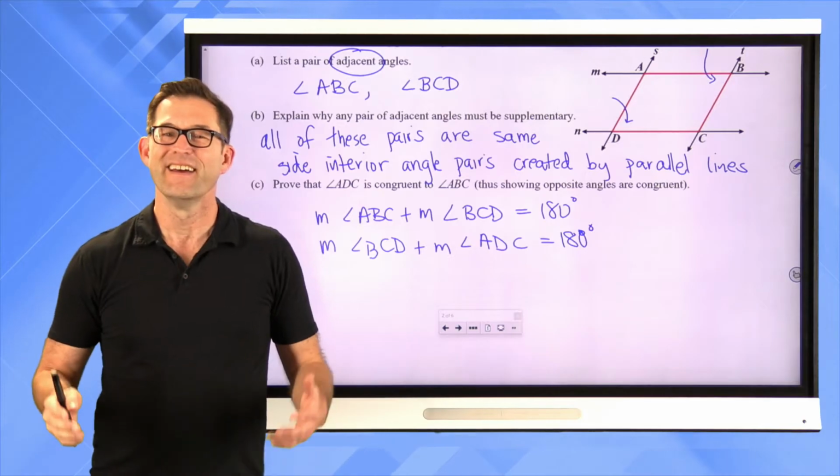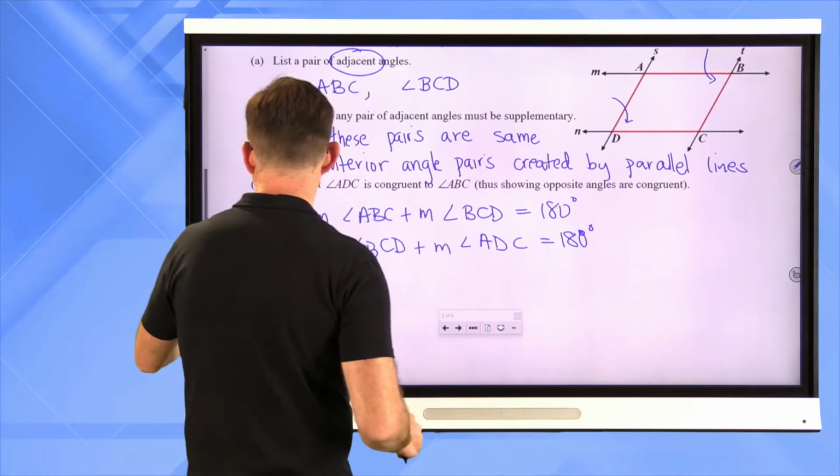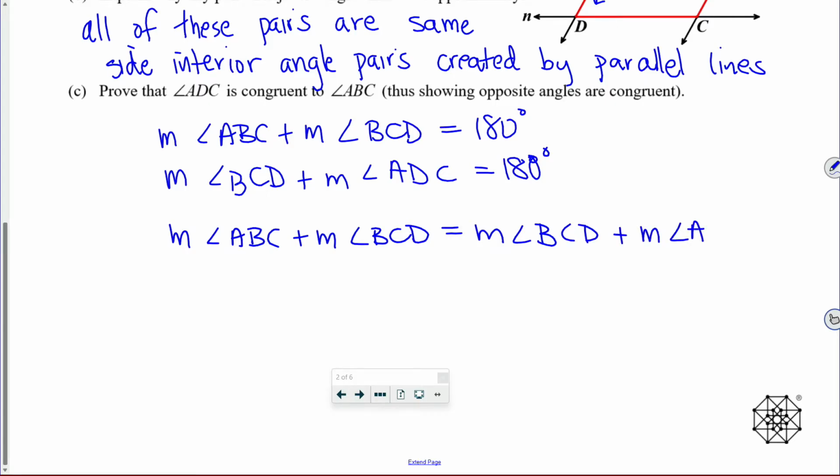Now, because both of these two sums are equal to 180, I can say that the sums are equal to each other. So the measure of angle ABC plus the measure of angle BCD is equal to the measure of angle BCD plus the measure of angle ADC.